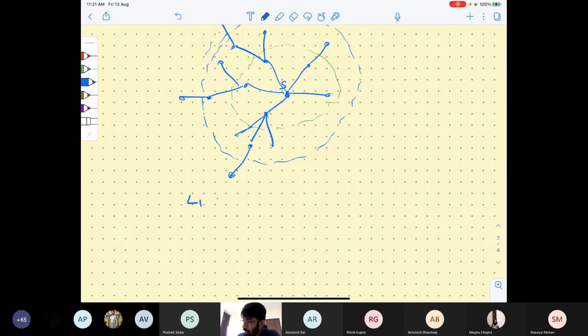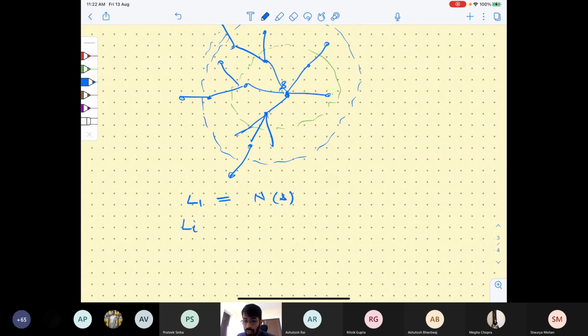That L1 is the neighborhood of S. I'll try to use script small s instead of just writing a small s because that might be confusing. So, the neighborhood of S, because capital letters are generally used for sets and small letters for vertices. So just to be careful.